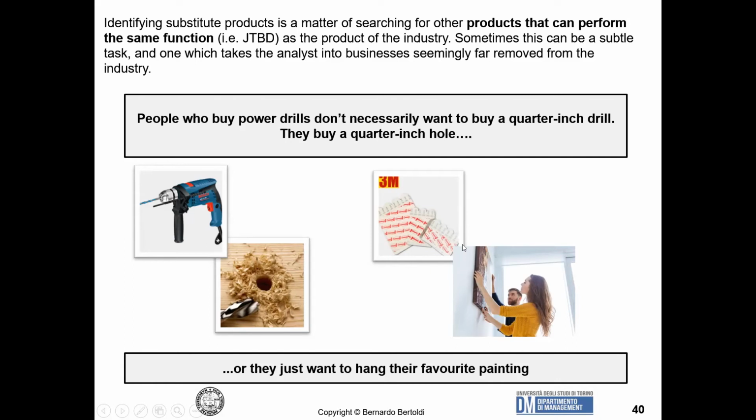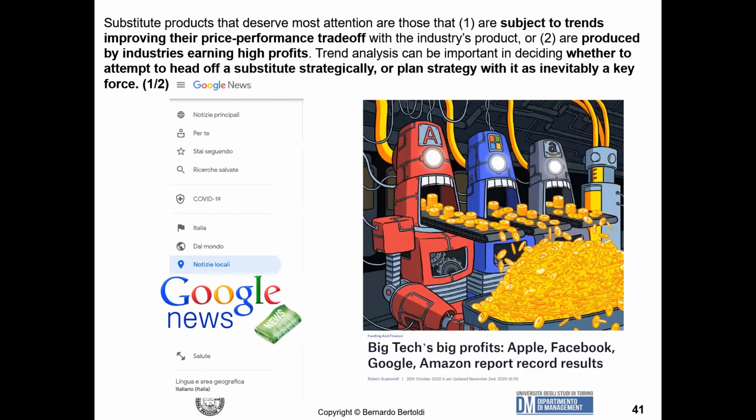It's a substitute product for drills because it's competing on the same job to be done that the product does for the customer. And here Professor Porter gives us a couple of points that are useful for another case in today's environment.